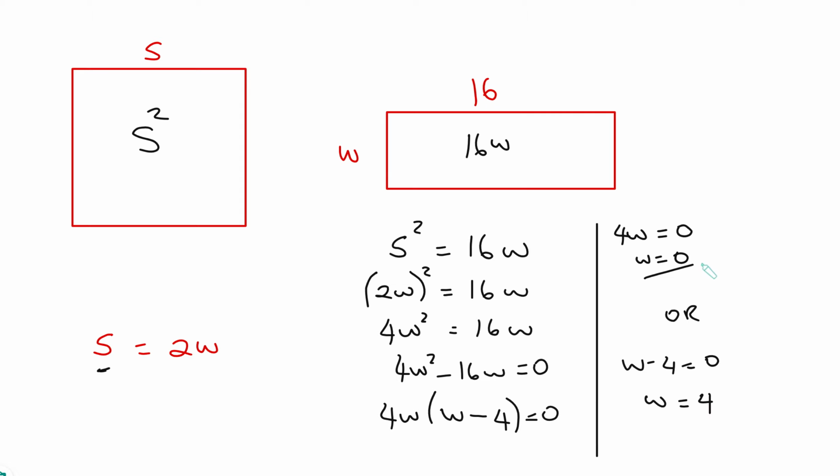In this case, the width cannot be 0, so we're left to say that the width is equal to 4 units. W is equal to 4.